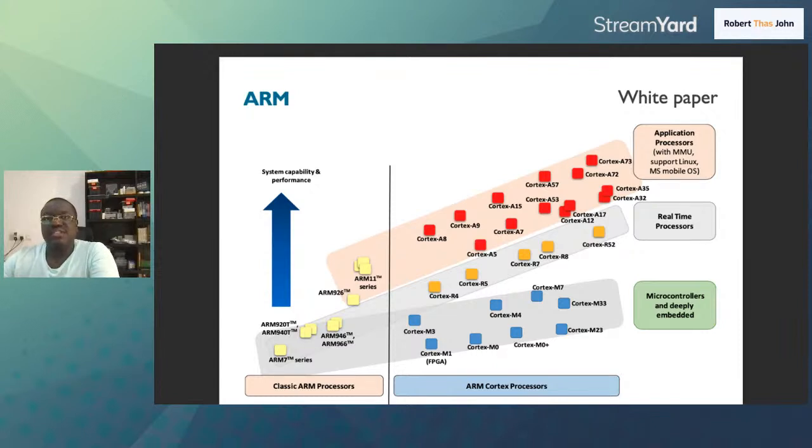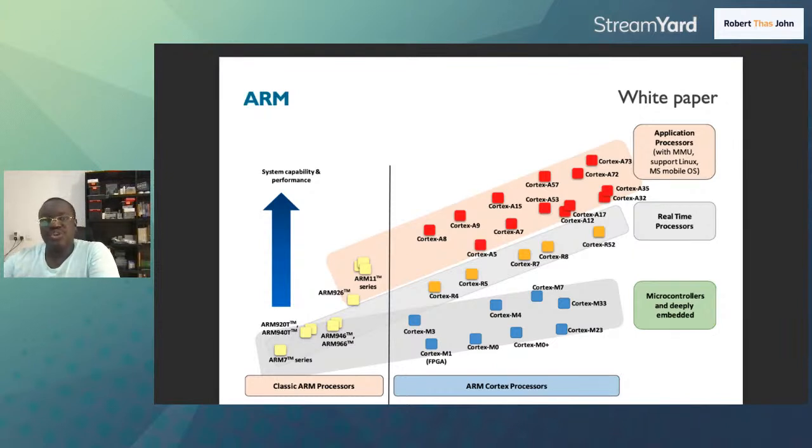And then the ones in red are for more application intensive operations. So you'll find them in things like single board computers, general purpose computers as well. If you're conversant with the Raspberry Pi, depending on the generation, it uses something like a Cortex-A72 or an A57.